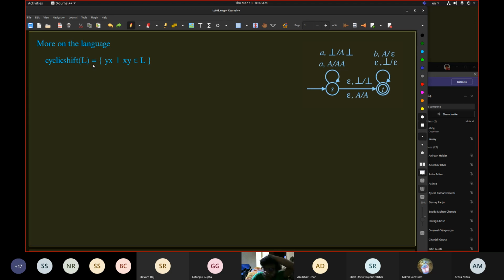I gave you a construction. Of course, it requires proving formally that this construction works. But I start with an example. Consider this PDA for the A power n, B power n language.